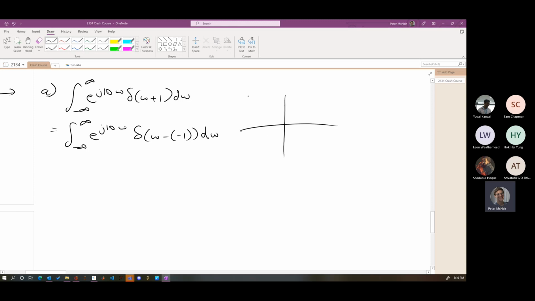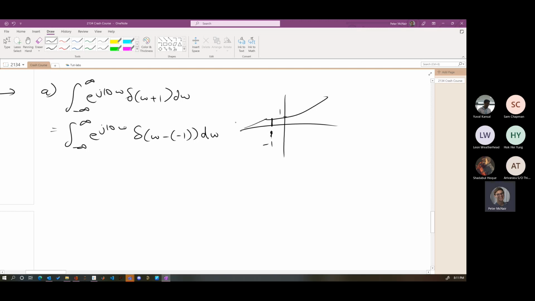So we can see that we're trying to integrate e to the j10, which we don't really know what that looks like, but let's just pretend it's e to the 10. Then we have this delta that has an area under it of 1, at -1.